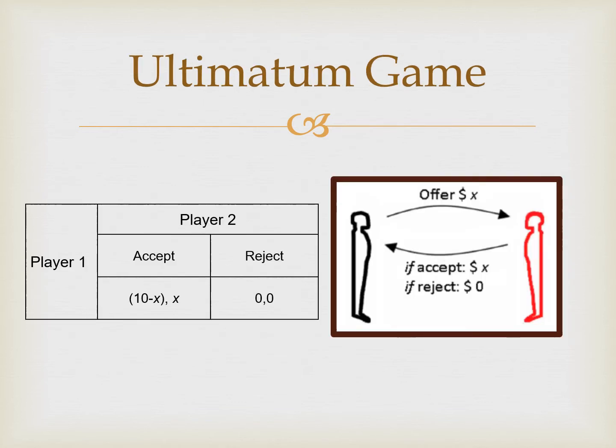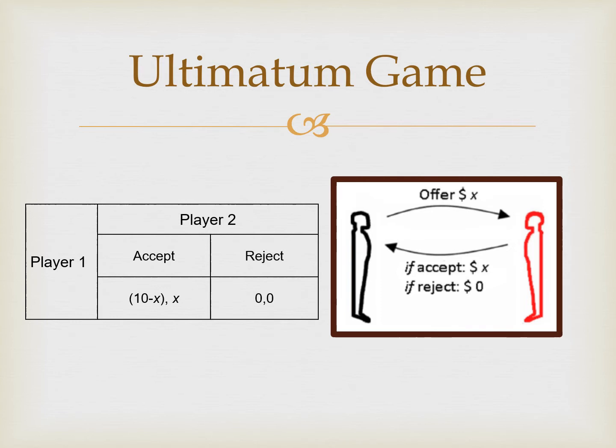We can think of this decision as player 1 offering some value or some amount, X. If player 2 accepts, then player 2 gets the amount X, and player 1 gets $10 minus that amount X. However, if player 2 rejects the offer, then player 1 gets 0 and player 2 gets 0 as well.